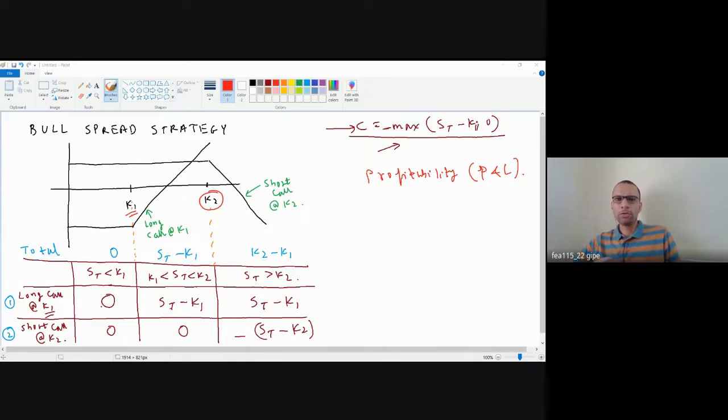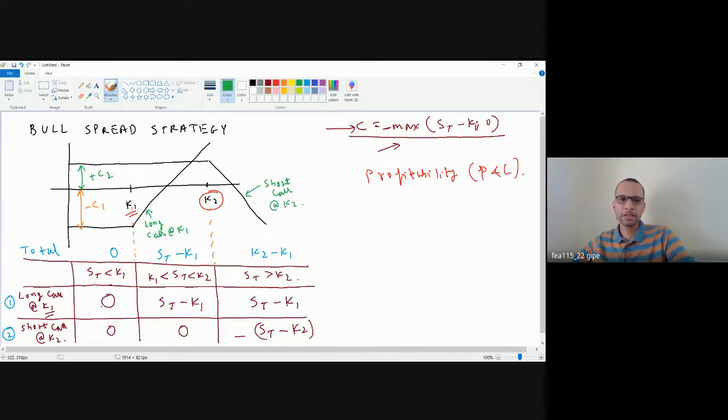Now, in order to minimize the amount of premium outgo, I'm going to transact the second option as well because this will result in a payment of a premium, let's say minus C1. Whereas the second option is going to result in a premium inflow, let's say plus C2. Now, my idea is my net premium outflow is something which I want to bring down.